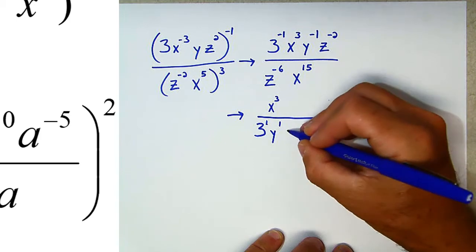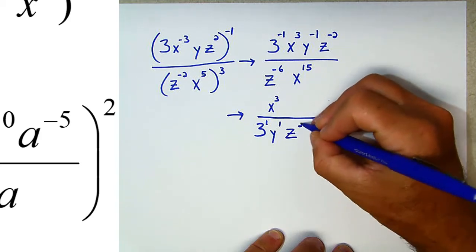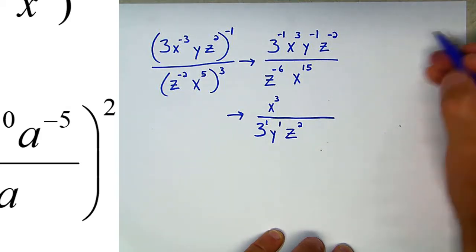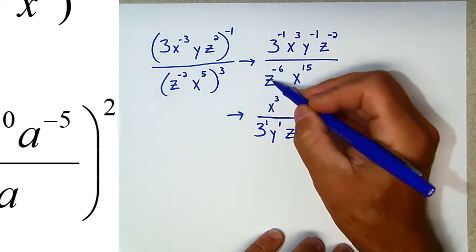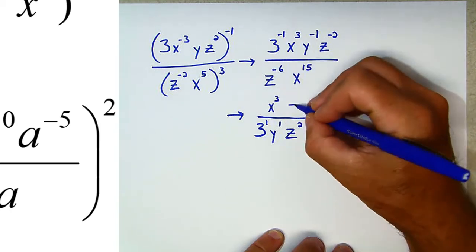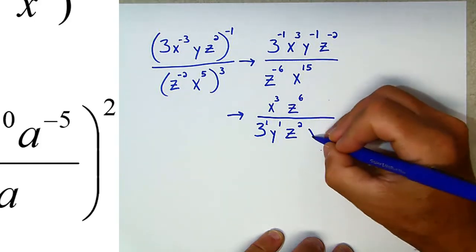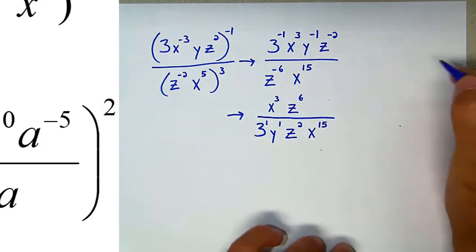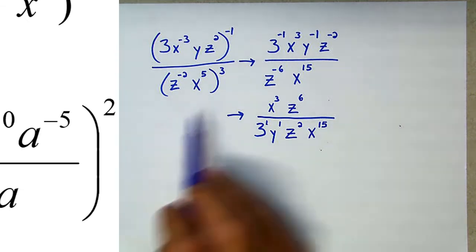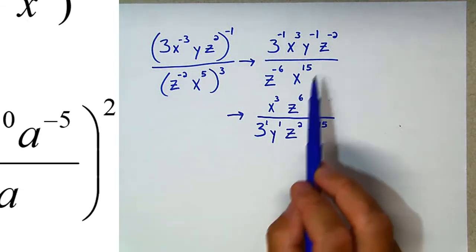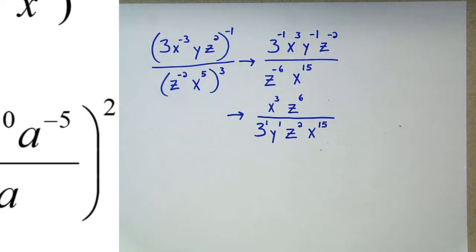Z to the negative second, we'll send that down and it becomes z to the positive second. Now this z to the negative 6 in the denominator, we'll move that up to the top to become z to the positive 6th. And x to the 15th we can leave right in the denominator since it's already positive. So we eliminated parentheses, and now we've made all the exponents positive. That was, after all, our instruction here: to use positive exponents.